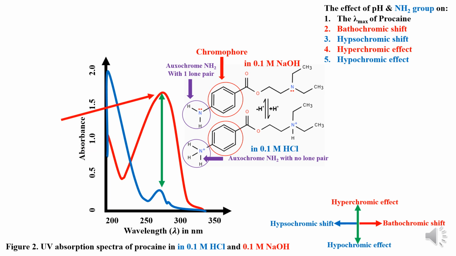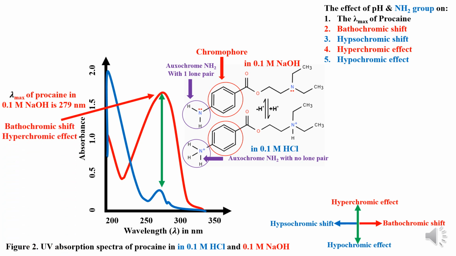Now under basic conditions, we very well know that the lone pair of electron on the primary amino group remains intact, and it interacts with the benzene chromophore by resonance, leading to extension of conjugation, and this results in lambda max of procaine in 0.1 molar sodium hydroxide to be 279 nanometers.